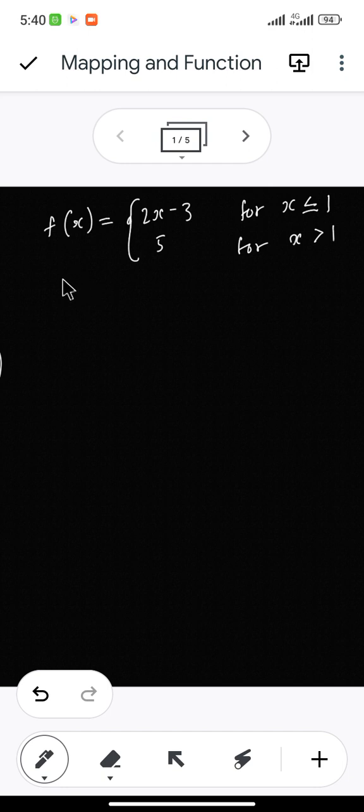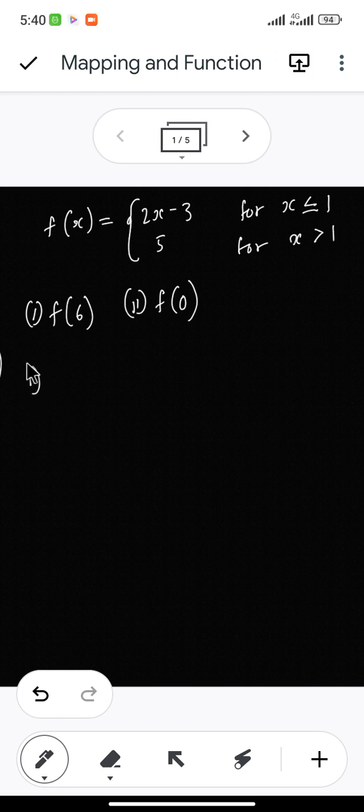Now let's say we are asked to find f of 6 and f of 0. Let's try to solve this.